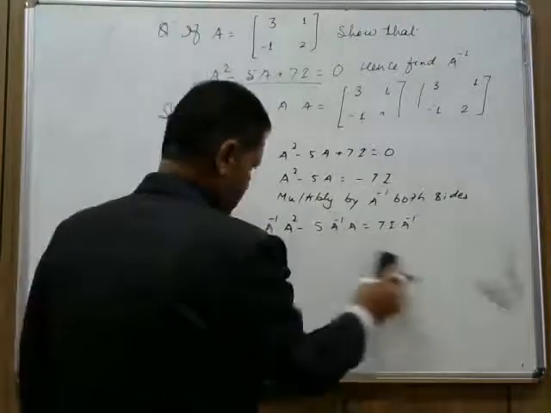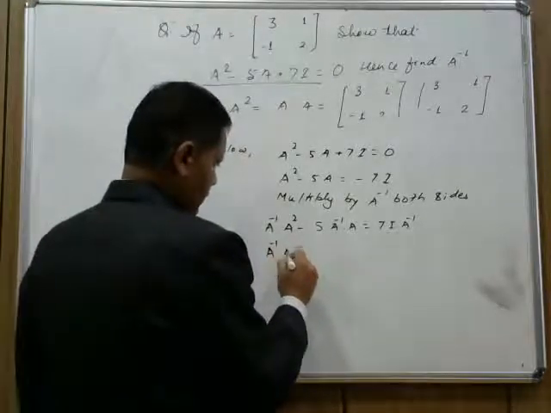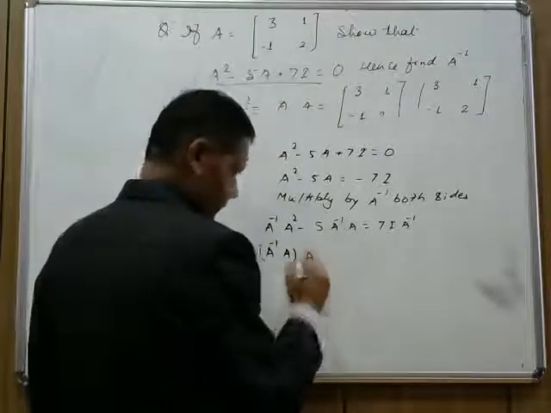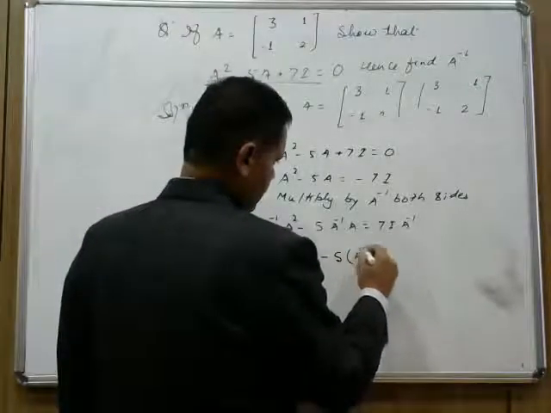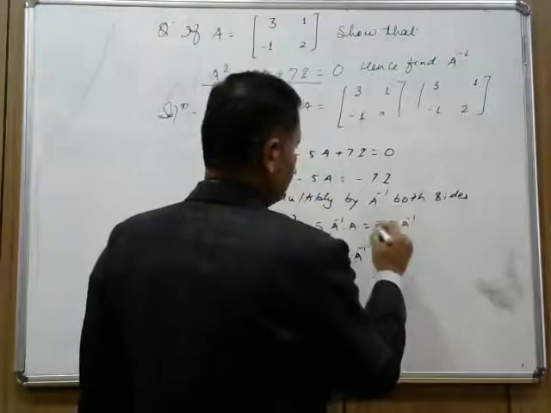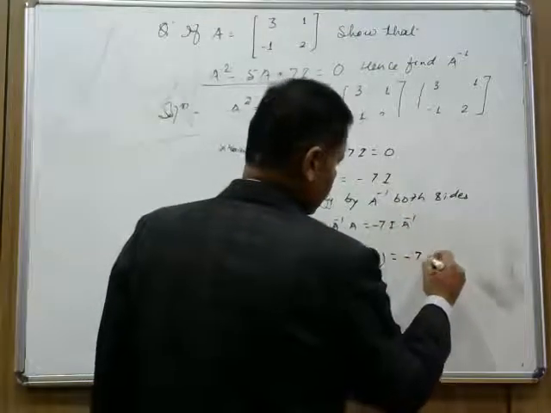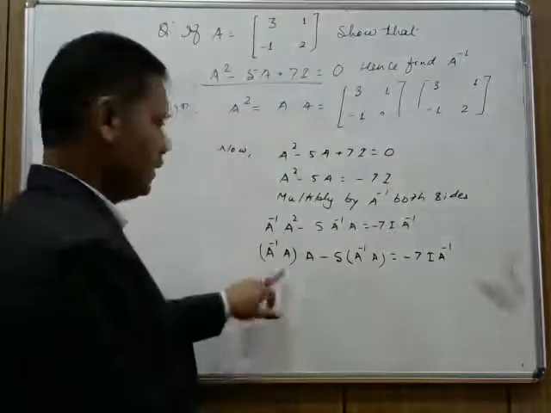Now I'll write like this: A inverse into A squared minus 5 A inverse into A is equal to minus 7I into A inverse. Now A into A inverse is what?